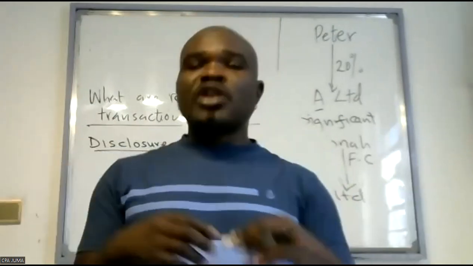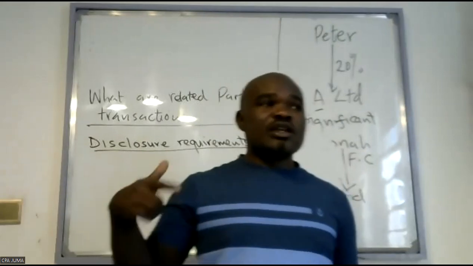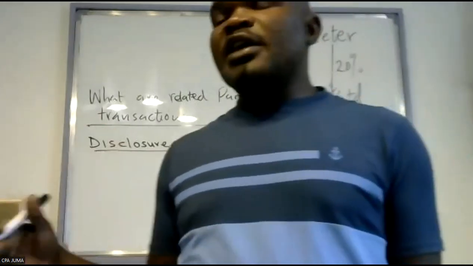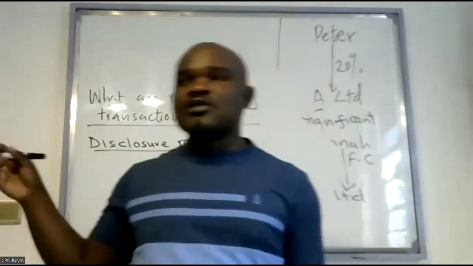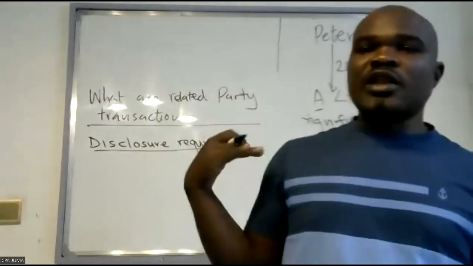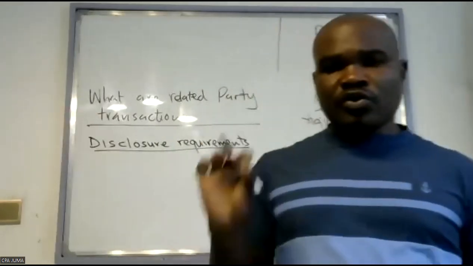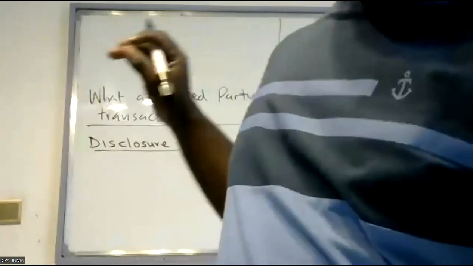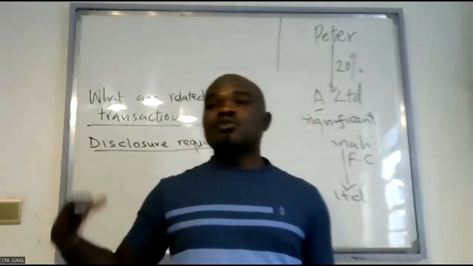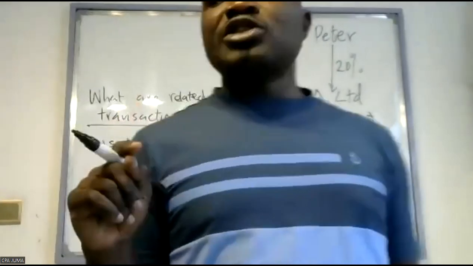Even if there were none, you should disclose that there was no existence of related parties during the financial period under consideration, or that there were related parties and these were the transactions. So those transactions which occurred during the financial period between those whom you consider to be related parties, please make sure you disclose them. Very, very important.